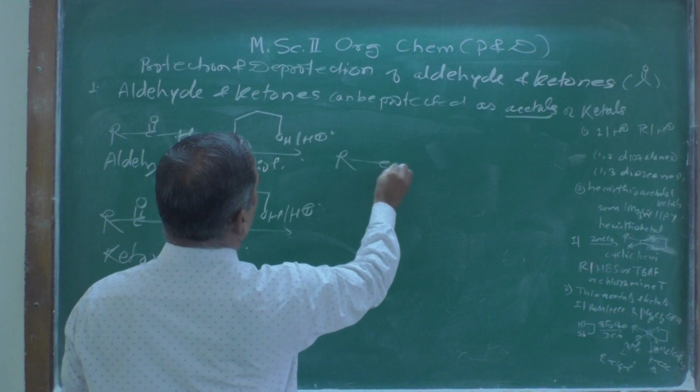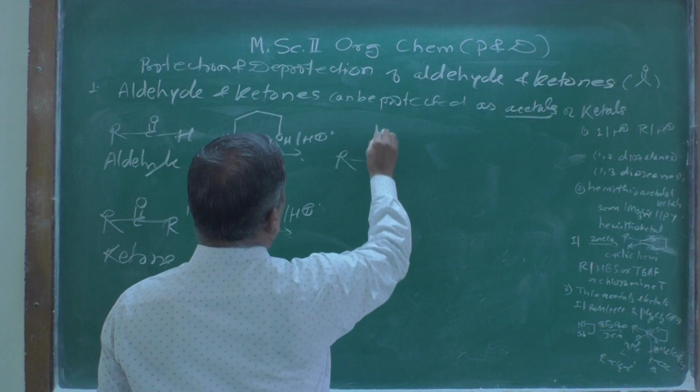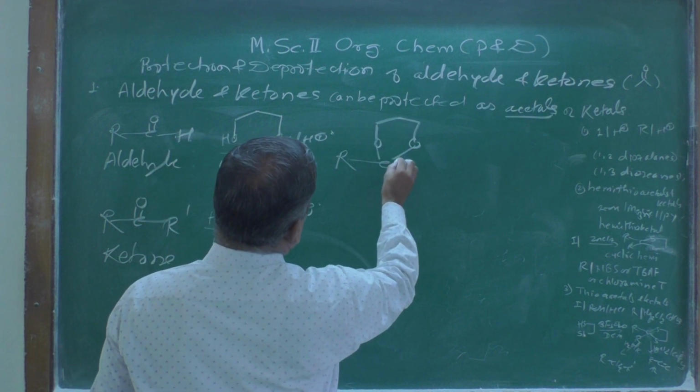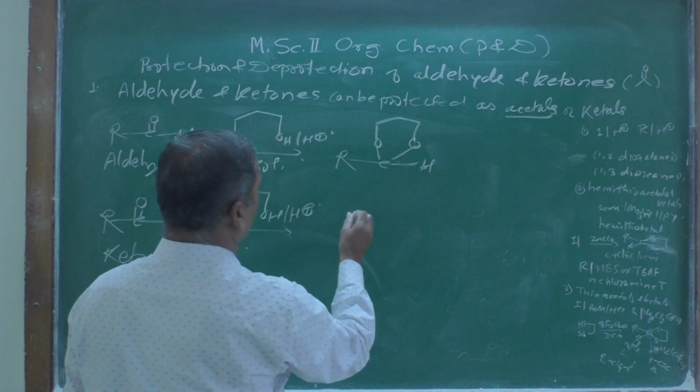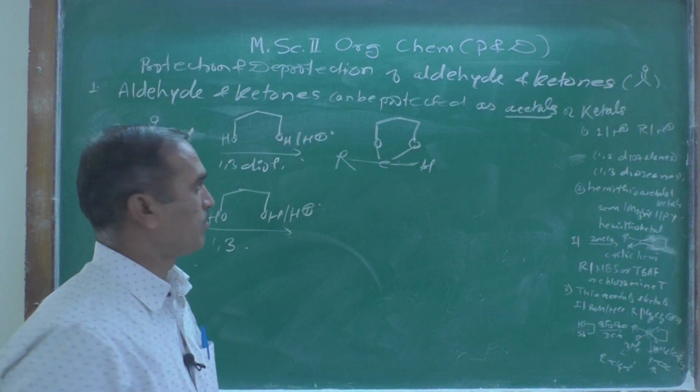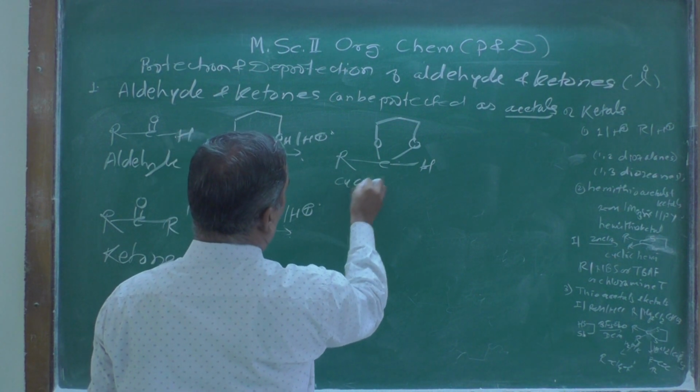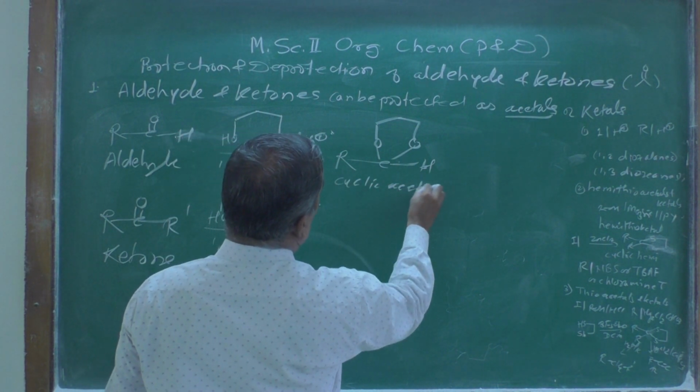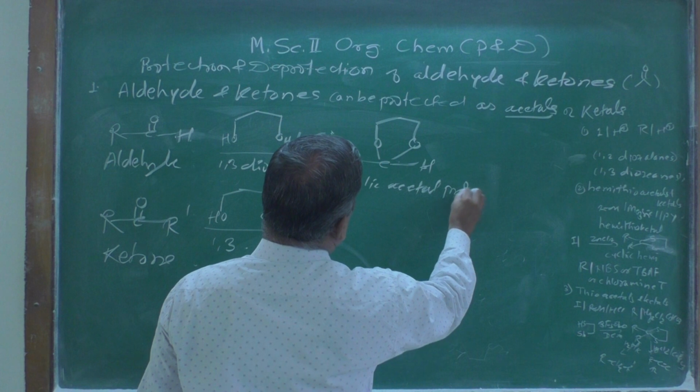So R, C, O, then this CH2, then O, becomes a 6-membered ring, and as we know, this is a cyclic acetal protection.